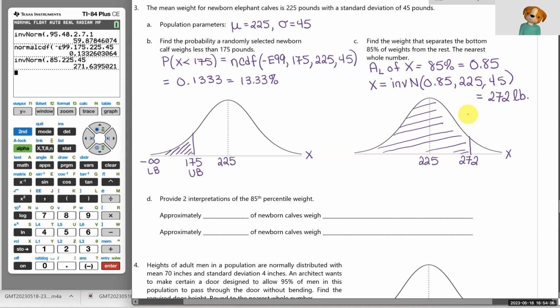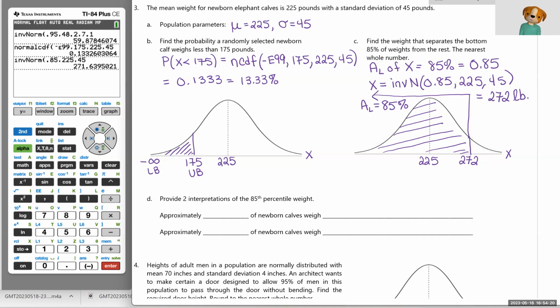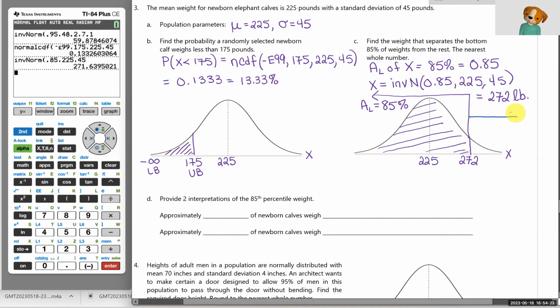My picture is a little bit squished here, but all that area to the left is 85%. So this unshaded area to the right, those calves that weigh more than 272 pounds, 100% minus 85% would be the remaining 15% of calves.